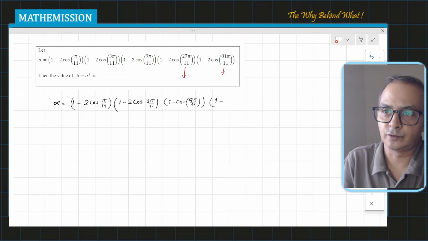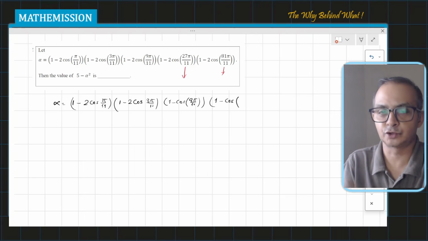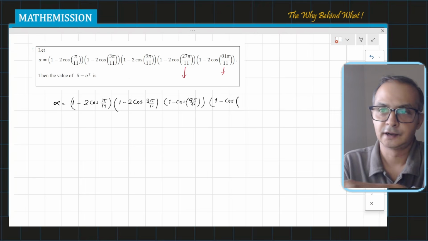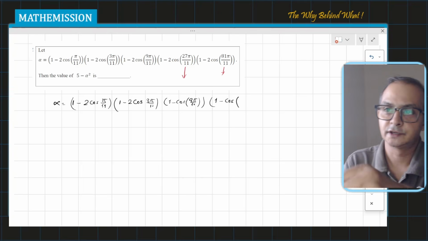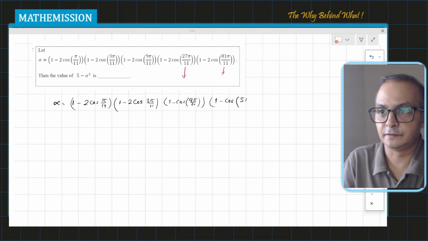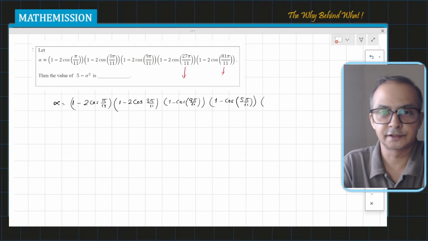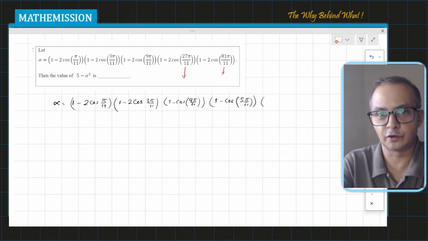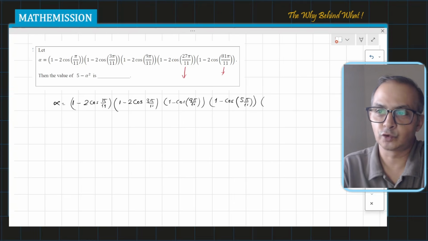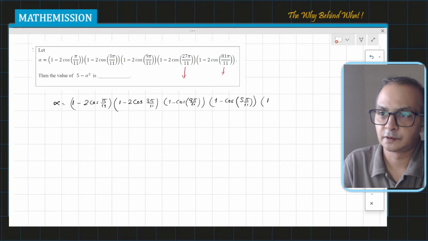So I can write 1 minus cos of 2 pi plus 5 pi by 11. The cos will fall in the first quadrant, and so it will give you 5 pi by 11. In a similar way, this 81 pi by 11 I can write as 8 pi minus 7 pi by 11. So it will fall in the fourth quadrant, where the cos is again positive, so I can write cos 7 pi by 11.